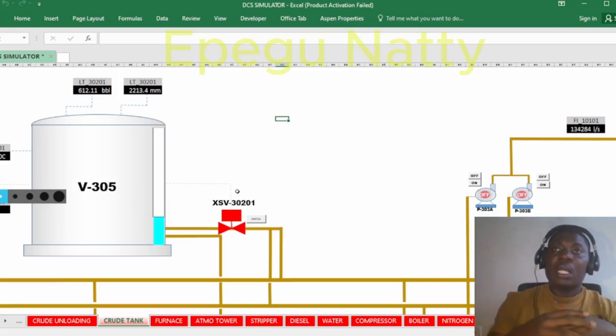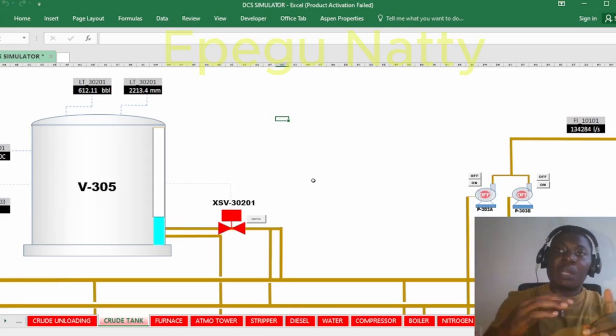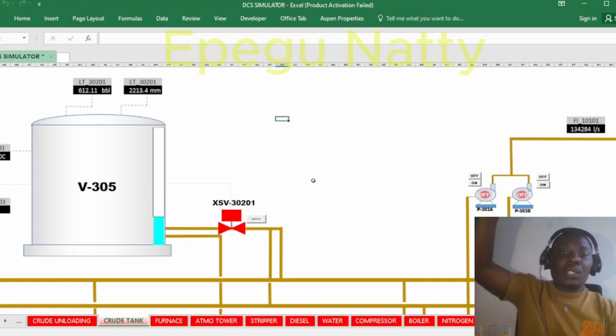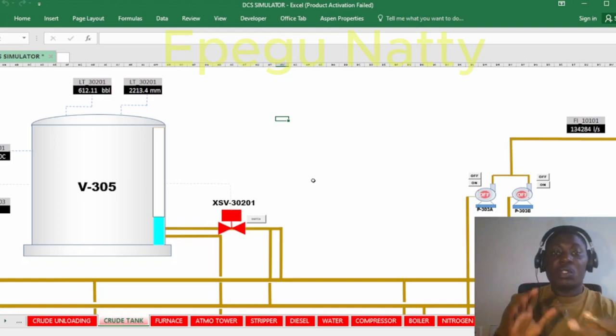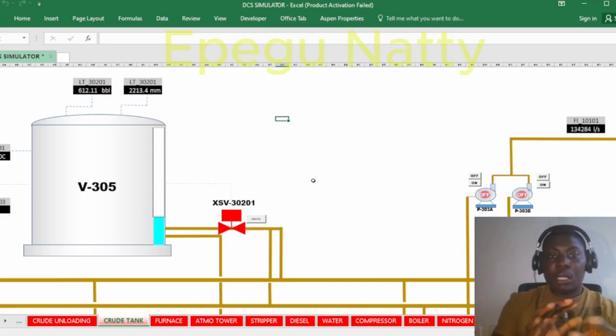For example, if we have a tank filled with crude, and our pipe is just on the floor, there is no need for a pump. Once you open the valves, the fluid is going to move to the location. But when there is an elevation that we need to push the crude up to, it means we need something to push the fluid to move. What is doing that is the pump.